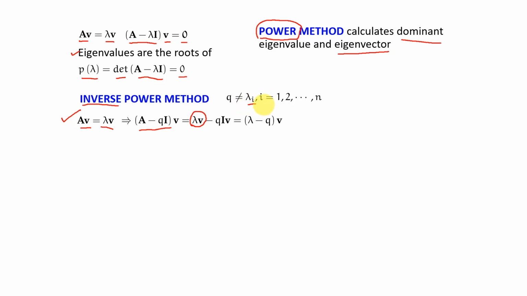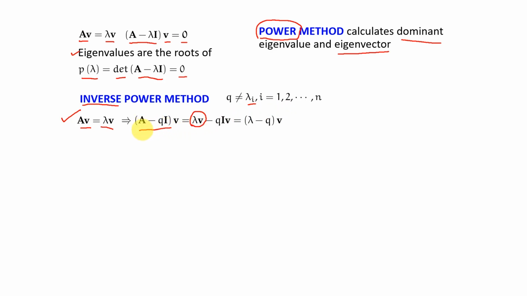It's not easy to know the eigenvalues beforehand, but if we have some idea where the eigenvalues are, the entire process becomes much easier. And if Q becomes equal to lambda, then we have a serious problem, which you will see quickly.